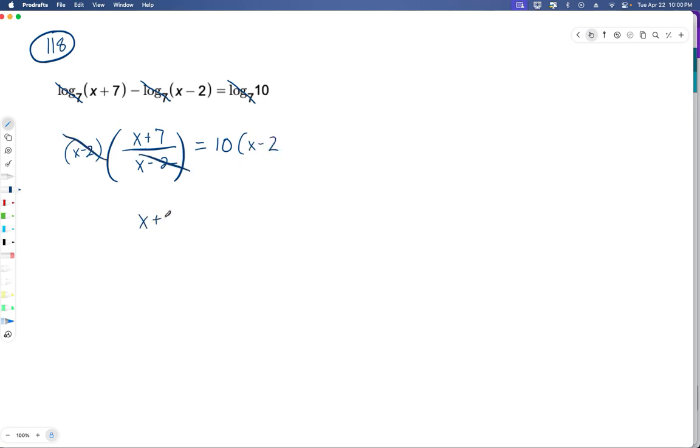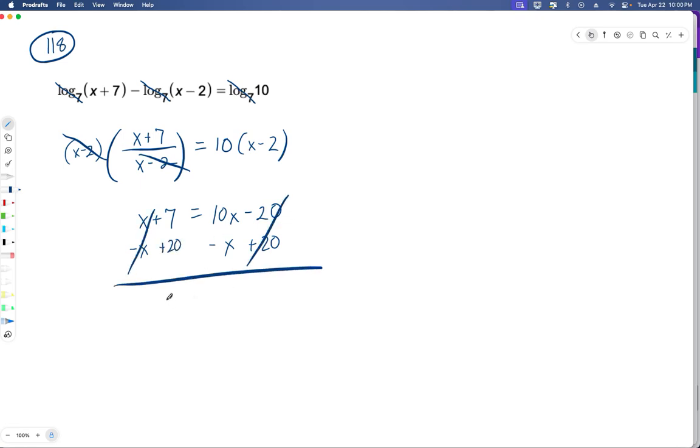So I have x plus 7 is equal to 10x minus 20. So if I subtract x from both sides and I add 20 to both sides, this cancels, this cancels. So 27 is equal to 9x. So if I divide both sides by 9, 3 is the value of x. And that is the correct answer. Okay, so that's what it is.